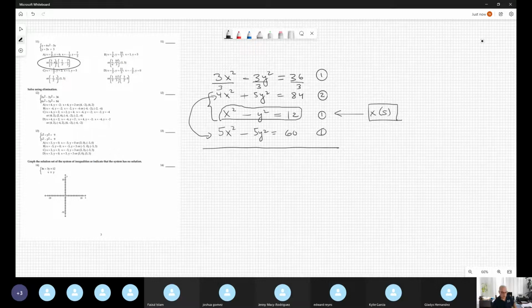Then this is 9x squared. And this is 144, which is 84 plus 60.